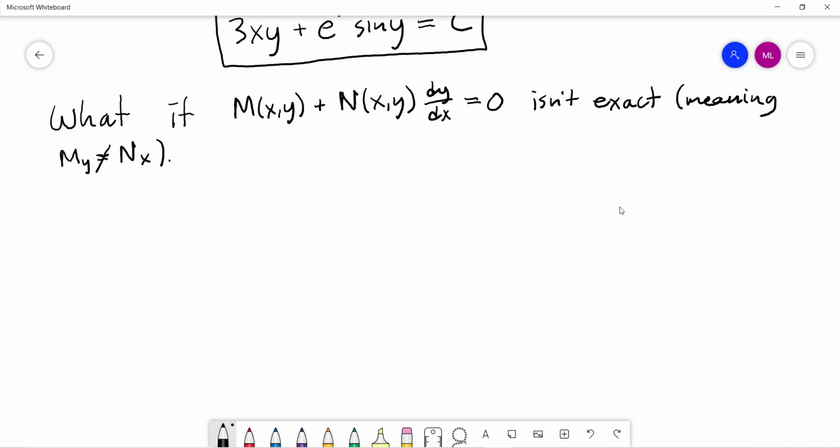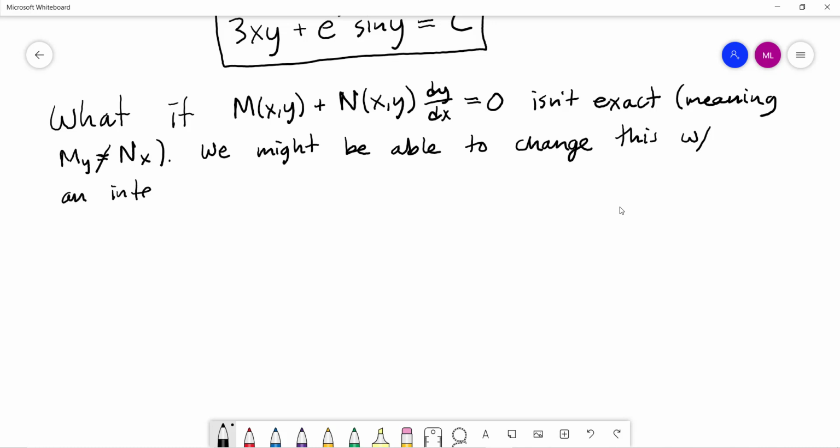We're running out of viable techniques. It turns out we might be able to fix it. We might not be able to fix it, but we might be able to change this with an integrating factor.